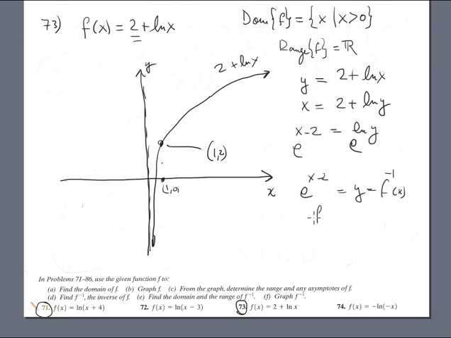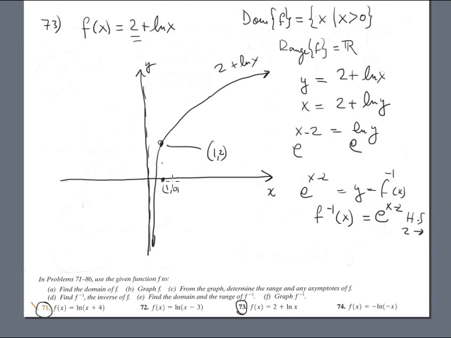In other words, the inverse is e to the x minus 2, which corresponds with a horizontal shift of two units to the right.